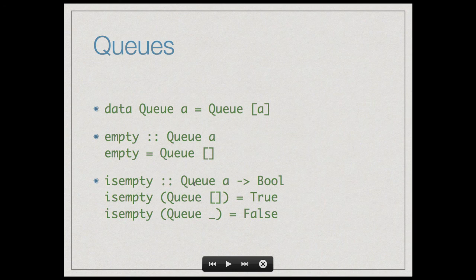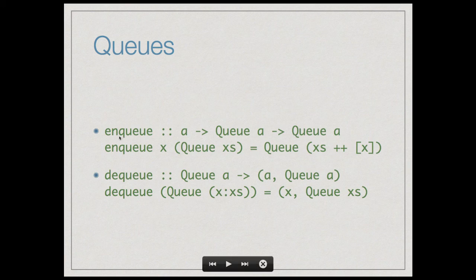isEmpty is a function from Q A to bool. isEmpty of Q empty list equals true. isEmpty of Q anything else is false. NQ adds an element to the end of the list. So NQ x (Q xs) equals Q of xs plus plus the singleton list x.